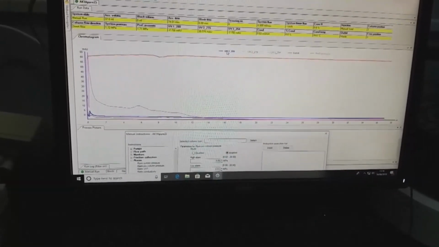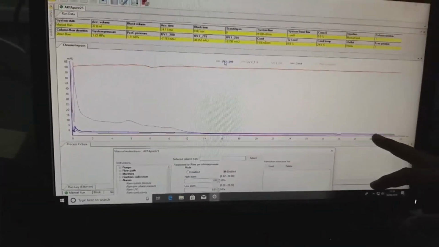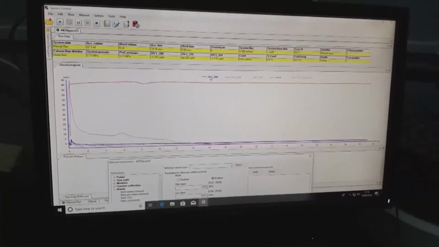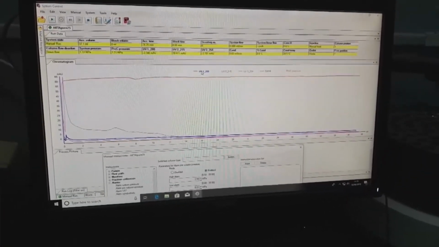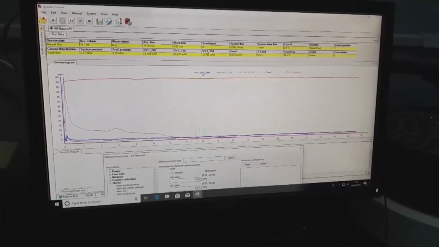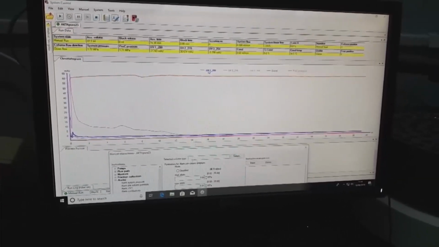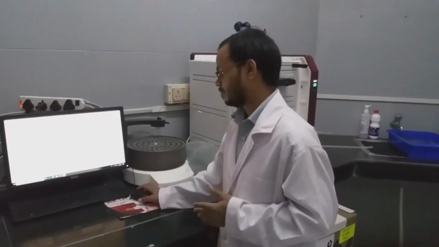We can see there is an initial spike, but gradually the curve flattened. That means there are no contaminants, and now the column is ready to inject the protein. We will inject the protein, show how to inject it, and then show the pattern of how they elute.